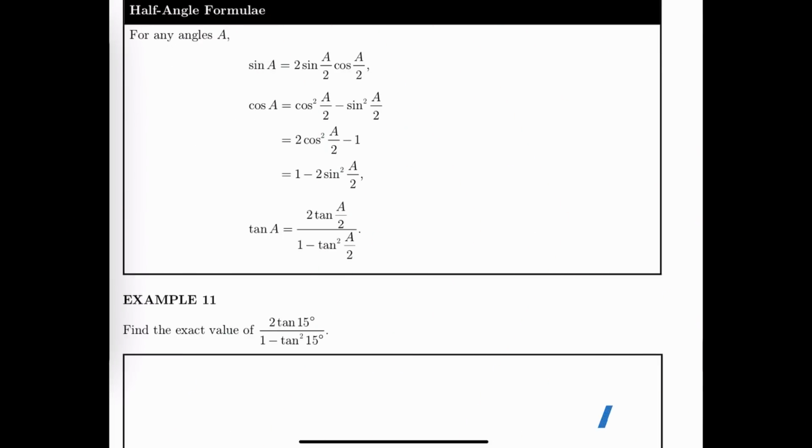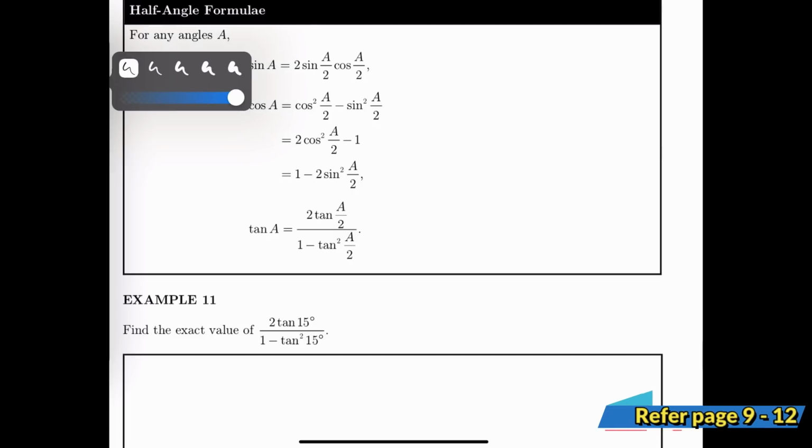For half angle formulas, basically the formula is similar to the double angle, but the difference is only in the angle. For sine A, we have 2 sine A over 2 cos A over 2. And for tangent A, we have the formula 2 tangent A over 2 over 1 minus tangent square A over 2.